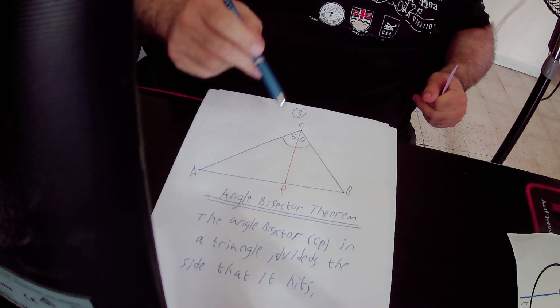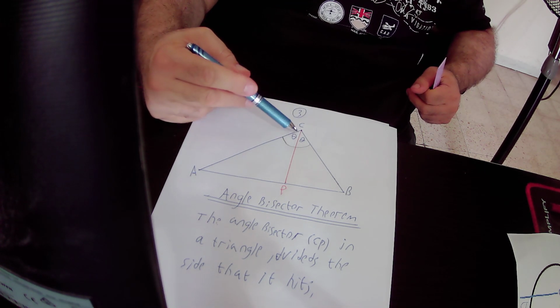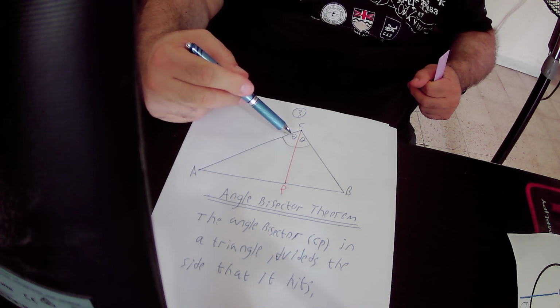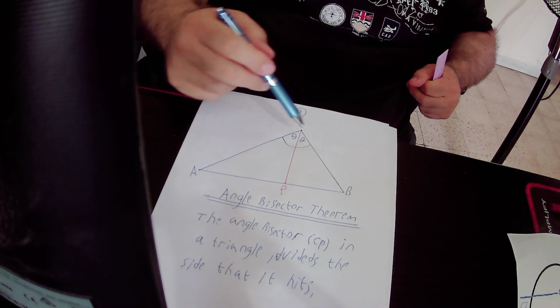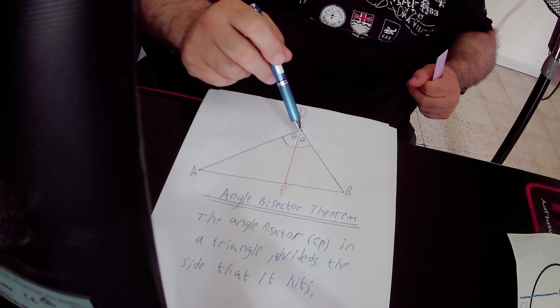The angle bisector of triangle ABC is CP in the red color. It is an angle bisector because it divides angle ACB into two equal parts.